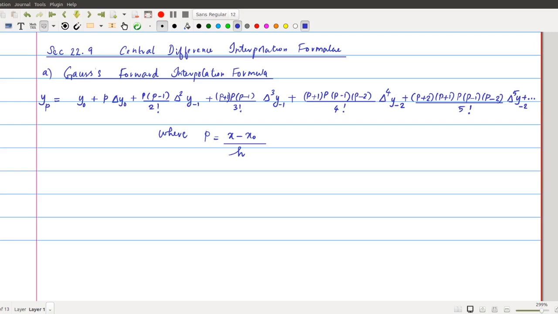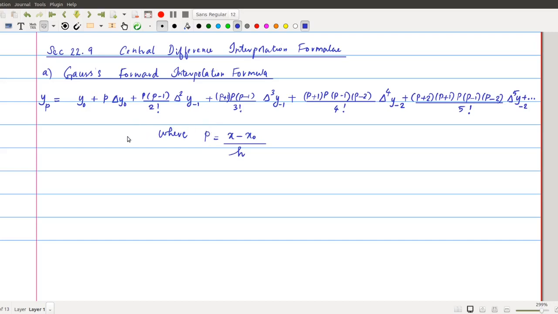So that is given by y of p is equal to y naught plus p times delta y naught plus p times p minus 1 divided by 2 factorial delta square y minus 1, plus p plus 1 times p times p minus 1 divided by 3 factorial times delta cube y minus 1, plus etc. So this is the way we evaluate or interpolate the value of y at x. So here this p is x minus x naught divided by h, where this x is the value to be interpolated.